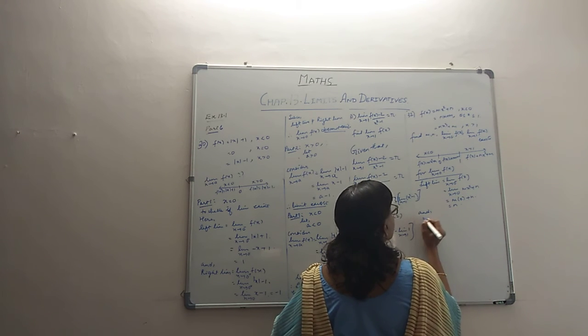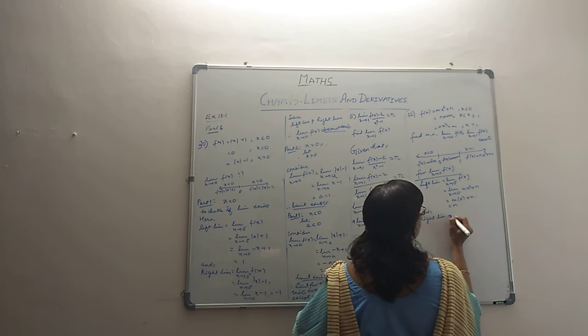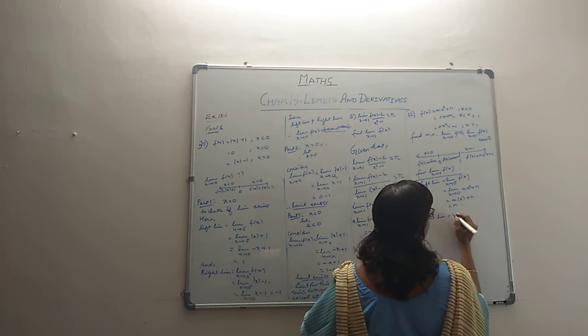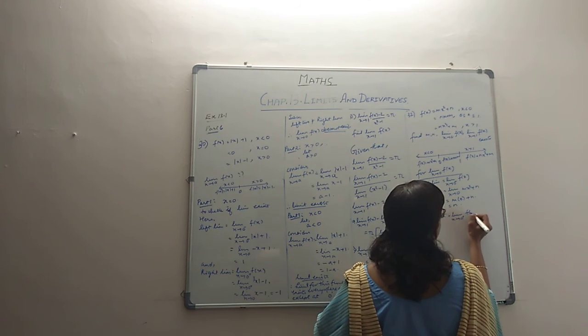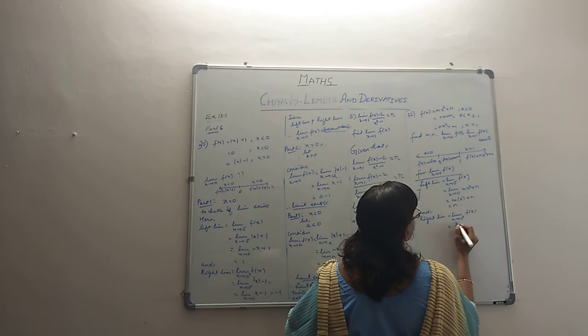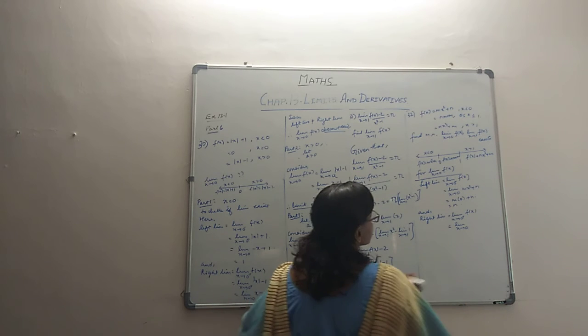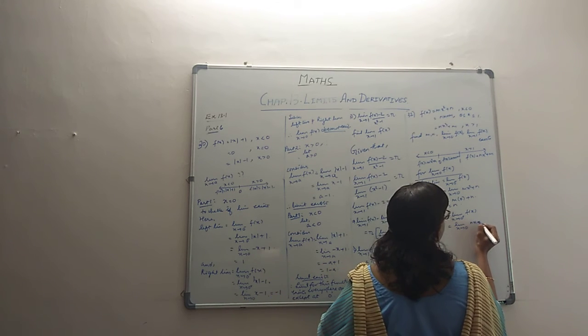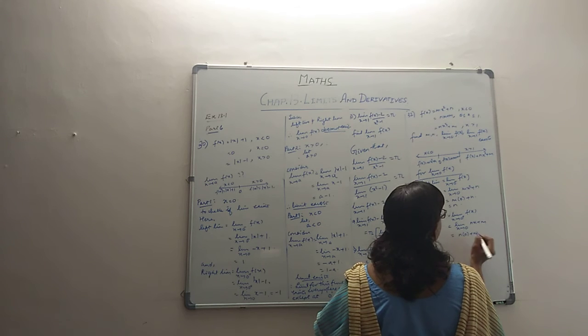And the right limit will be limit as x tends to 0 plus, that means from the right side of 0. So it is limit as x tends to 0, from the right side it is n x plus m. So on substitution it will work out as just m.